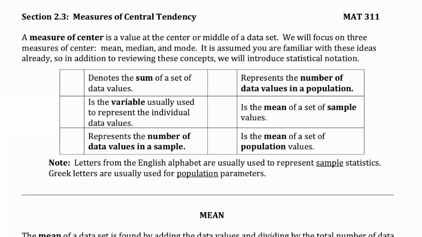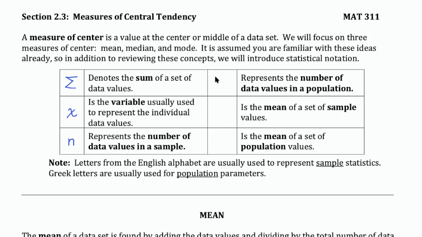The symbol that we use for the sum of a set of data values is, as we've seen, the Greek letter capital sigma. The variable we usually use is x. And then there's the number of data values in a sample versus a population. For a sample, we let the number of data values be little n, lowercase n.